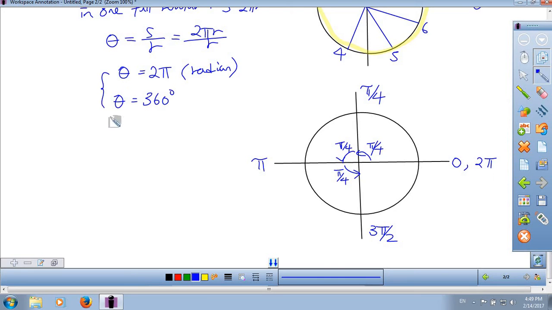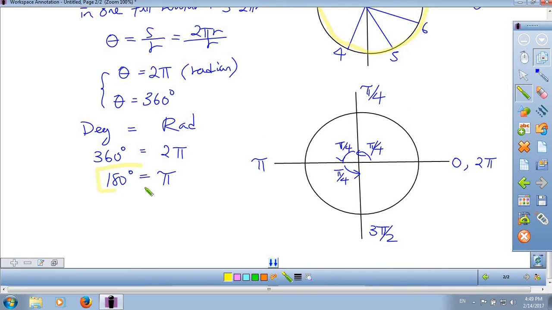So the degree equivalent to radian follows this ratio: 360 degrees equals 2 pi radian. If you reduce it by 2, we have 180 degrees equal to pi radian. That is the conversion ratio we will always be using. So you need to remember 180 degrees is equal to pi radian.